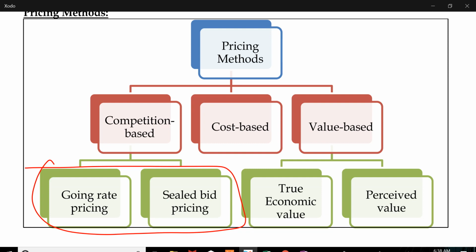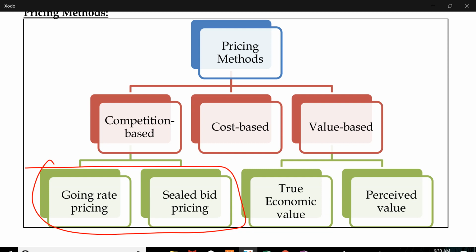Sealed bid is a perfect example for competition based pricing, because the first thing which will go in my mind is, what is the other person going to charge? That is what will go in your mind when you are trying to quote in that contract. You will always think about what the other person is going to charge, and based on that you will put your quote.